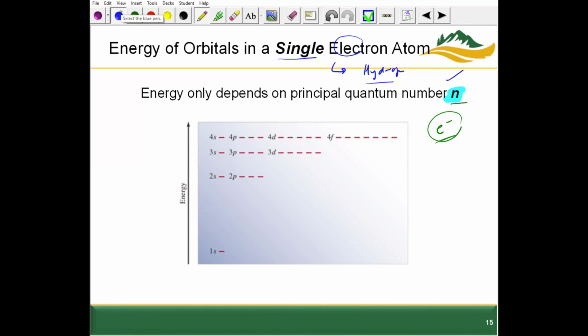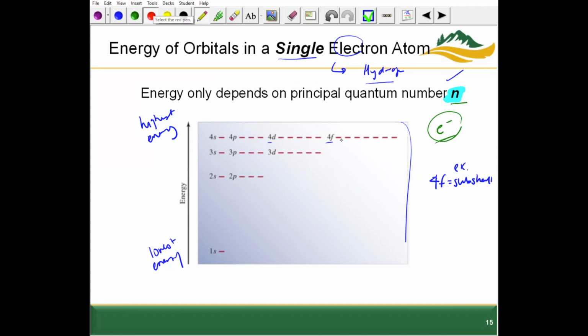Let me talk a bit more about this energy scale here and what's going on. We have energy here on the y-axis. This is the lowest energy. This is the highest energy here. Notice here we have our different subshells, so 4f, 4d, 4p, etc. Each of these is one subshell. So here's one example of a subshell.